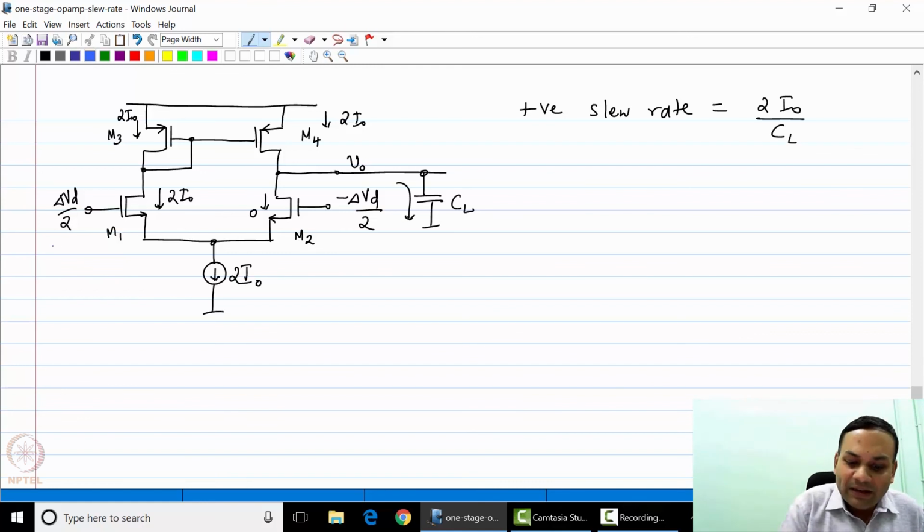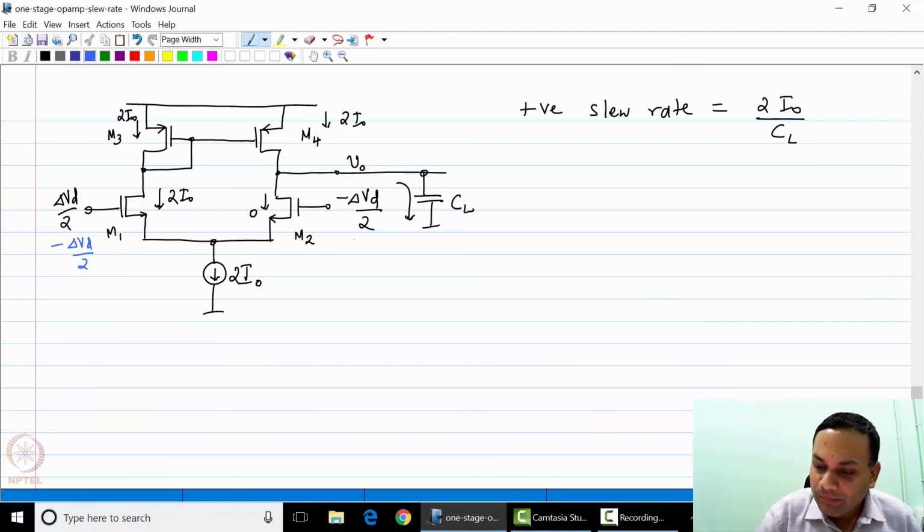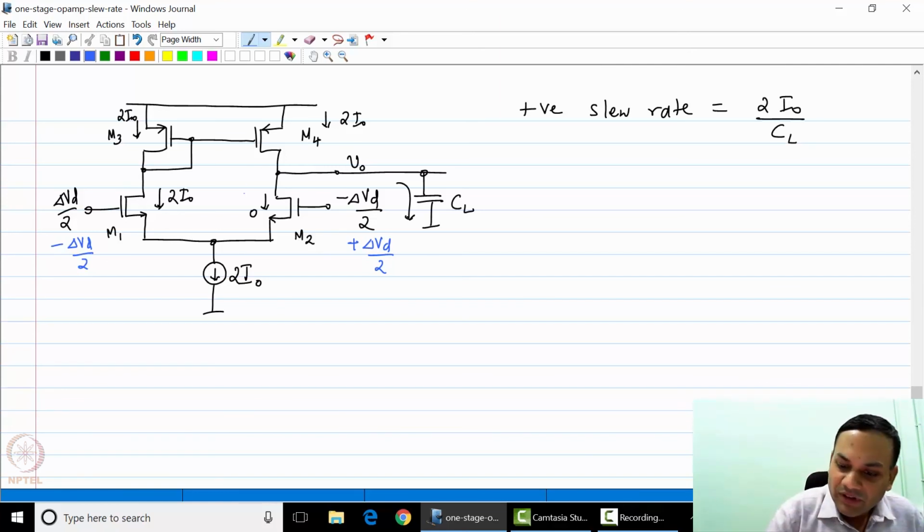Now what happens if a negative step is applied? Let us say you were to apply minus delta VD by 2 to M1 and plus delta VD by 2 to M2. If that were the case, M2 would have a current 2I0 and M1 would have 0 current, M3 would have 0 current, M4 would have 0 current.